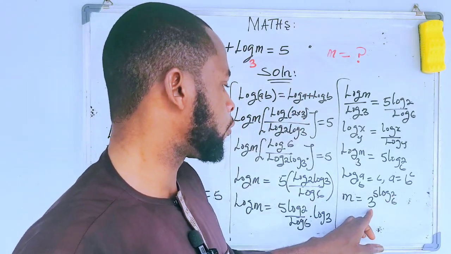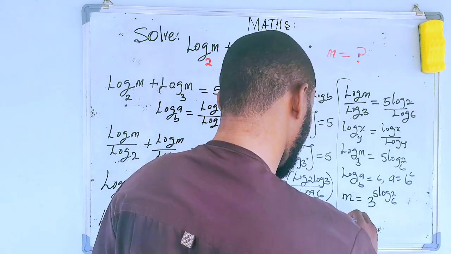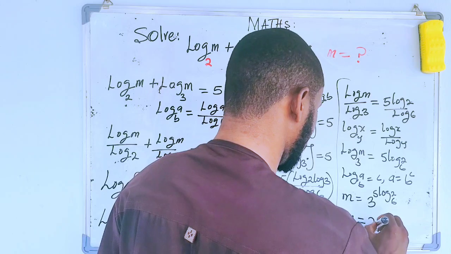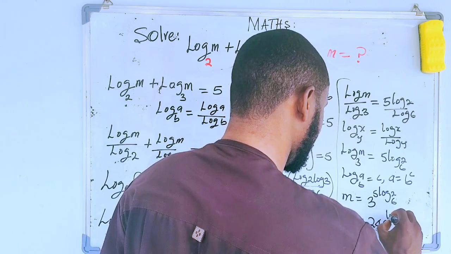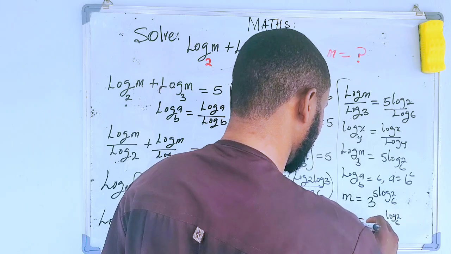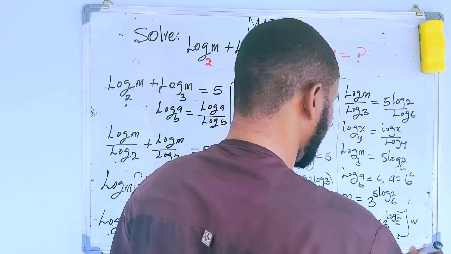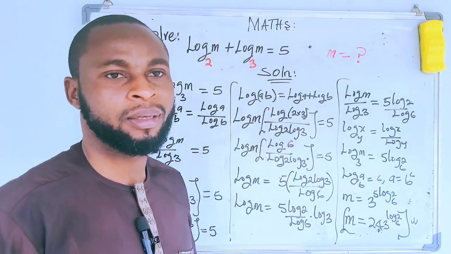You can also simplify 3 to the power of 5, and if you do that, m equals 243 to the power of log 2 base 6. And this is the value of m that will satisfy this equation.